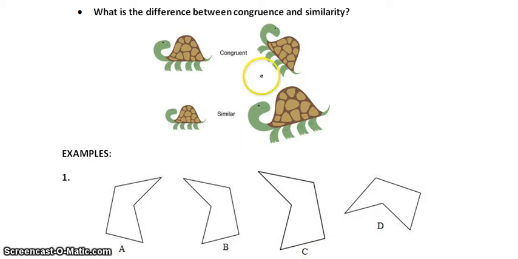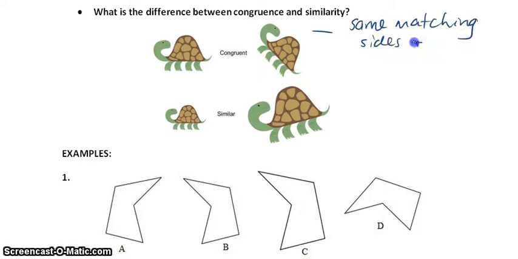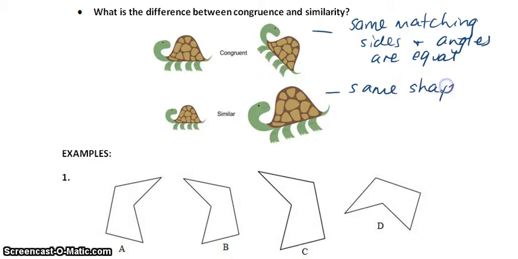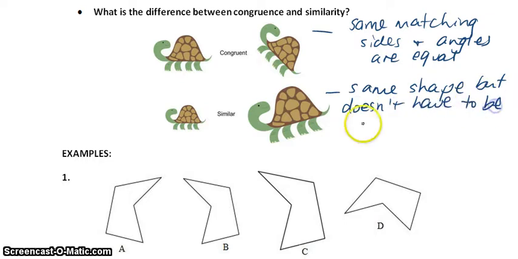Well, if you look at these turtles here, congruent means same, matching sides and angles are equal, and similar means same shape but it doesn't have to be the same size. And that's really important for you to get, so make sure you go over that, right in the things I've written in.